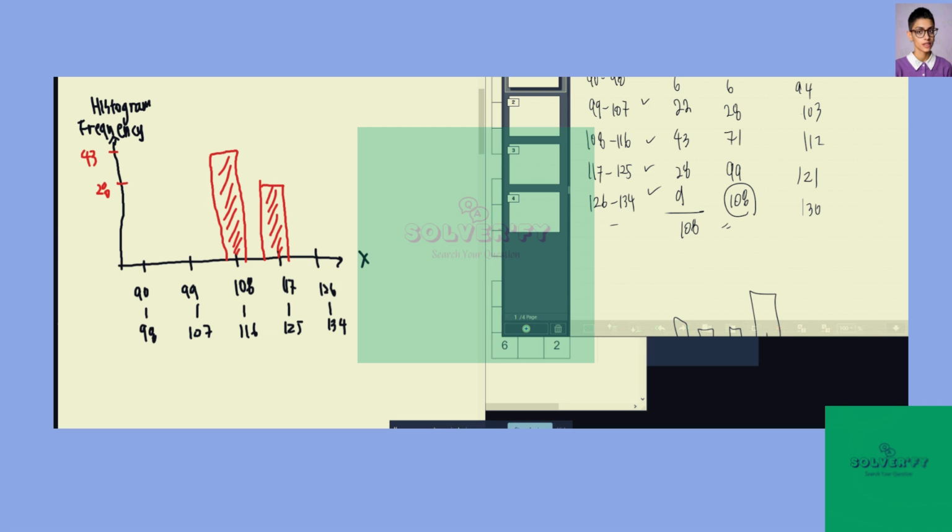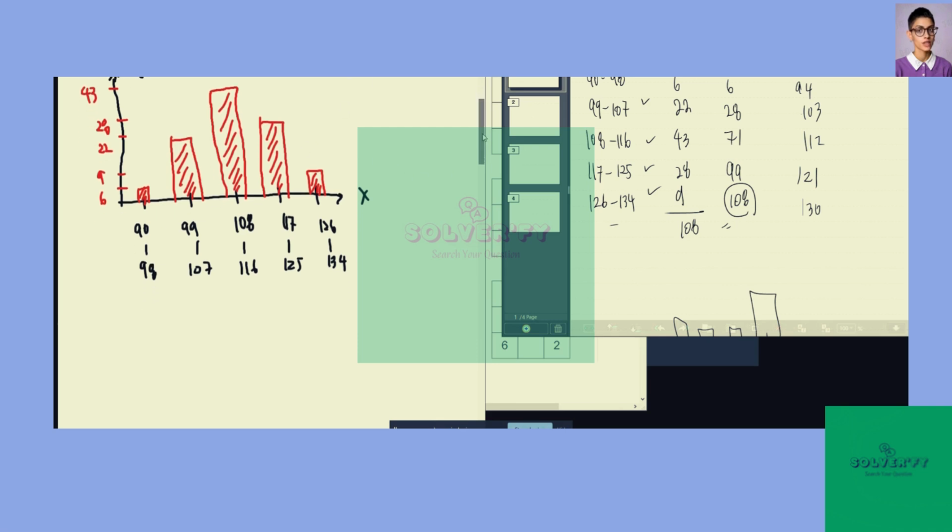The next one, 99 to 107, is 22, so it's slightly below. Then 126 to 134 was a 9, so it should be a relatively small height. And even smaller, 6, you can have this height. And we just finished the histogram. So that was the answer for the histogram.